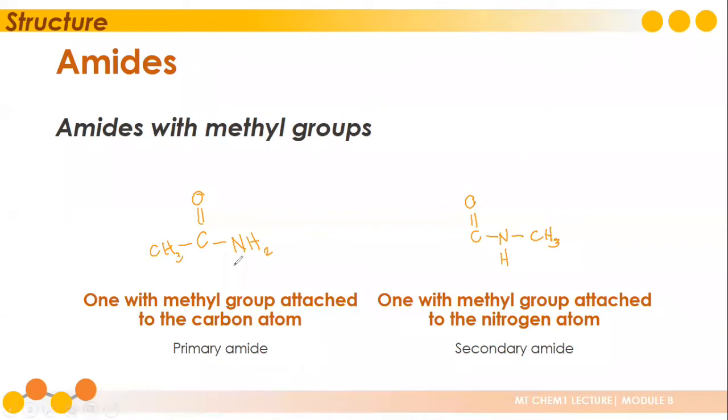Remember, the classifications of amides is that the nitrogen for primary amides has two hydrogens attached to it and one hydrocarbon or one carbon attached, while secondary amides have one hydrogen attached to it and then two carbons on the other hand. So these are both different types of compounds.